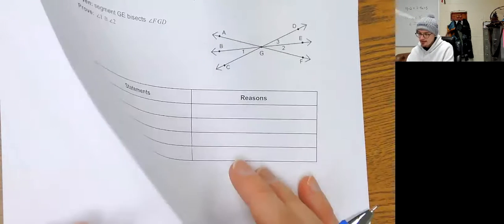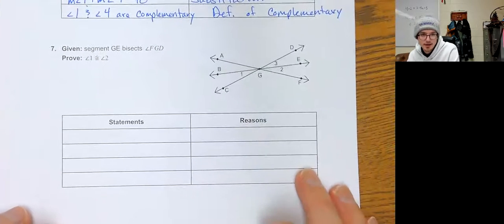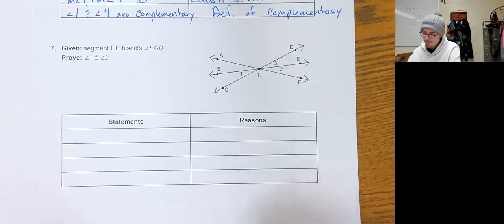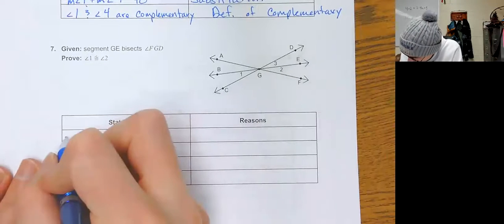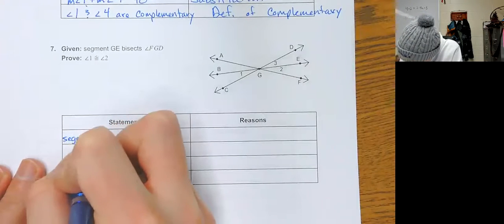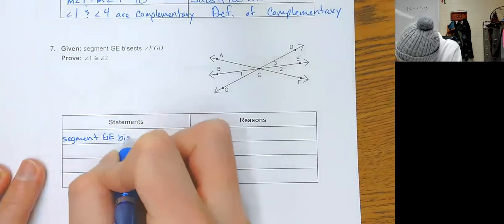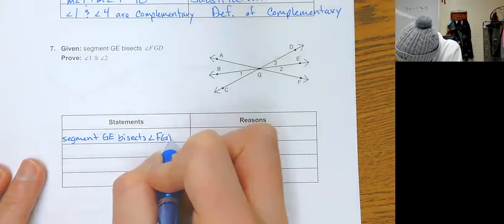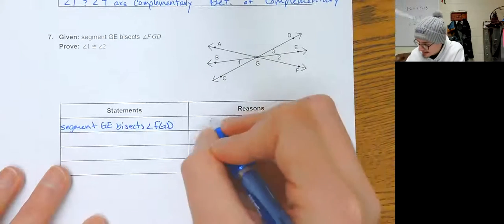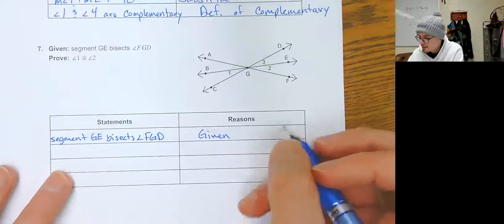Okay, so let's keep going. Let's go here. So what do we know? We are given segment GE bisects angle FGD. All right, that is given. What does bisect mean? Bisect means to cut in half.